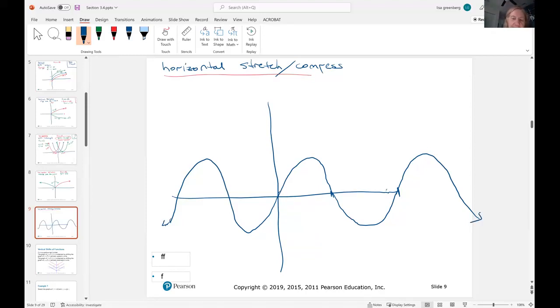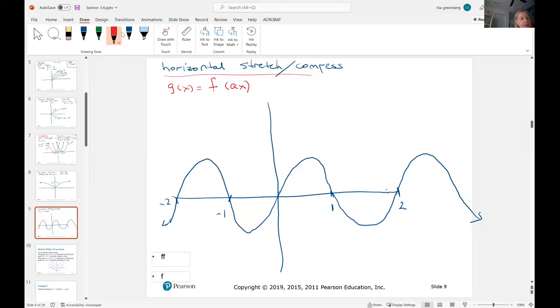And I'm just going to say, let's let this be 1, and we'll let this be 2, and we'll do the same thing here, this -1 and -2, okay? So this would be g of x is equal to f of a times x, okay?